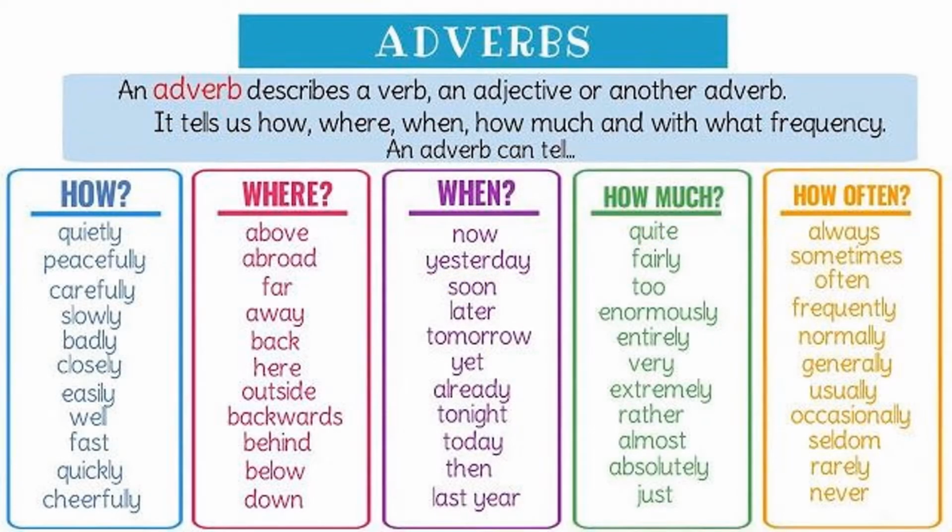Here is a list of some adverbs placed under the question that they answer, like how, where, when, how much, and how often. As we all know, an adverb describes a verb, an adjective, or another adverb. It tells us how, where, when, how much, and with what frequency.